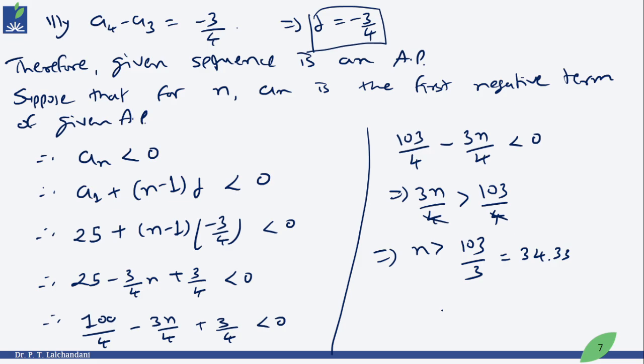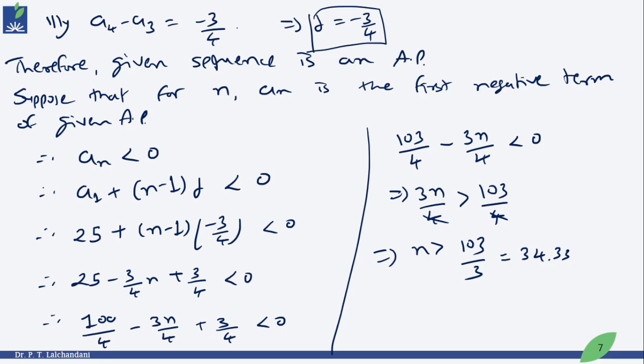Right? It simply means that whenever the value of n is bigger than 34.33, then a_n will be a negative number, and you know that the value of n always lies in the set of all natural numbers. Once again, here we are getting that if a_n is less than 0, then n must be bigger than 34.33.